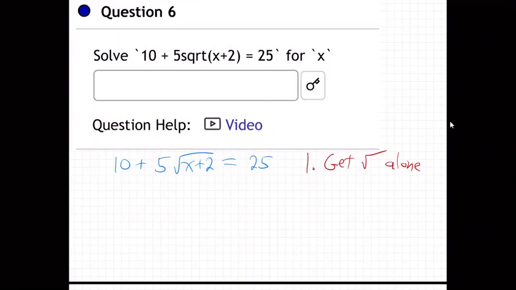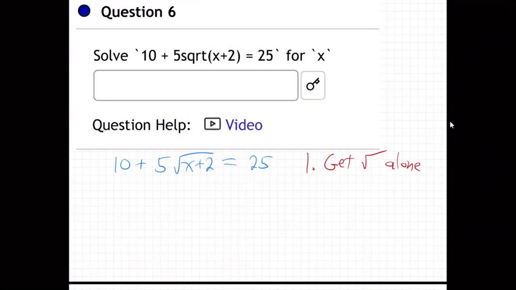When you have some weird piece, whether it's absolute value or square root or 7/3 power, some parenthesis power thing, you basically get that thing alone. And then you get rid of the absolute values or the square root or the weird power somehow or other. That's generally always the game plan. Get the weird thing alone and then get rid of it by some other power usually.